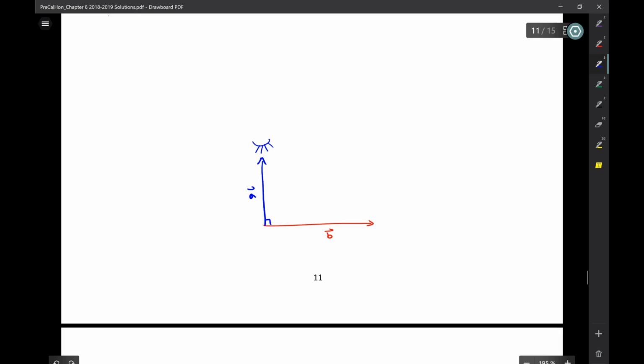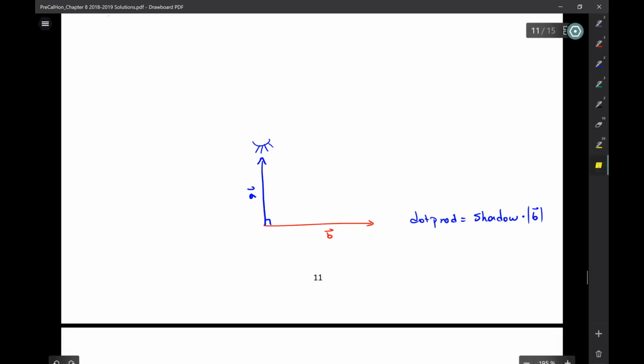Does that make sense? So if dot product equals shadow times B, if the shadow is 0, how much is the dot product? 0. So if the two vectors are perpendicular, the dot product is 0, and that's the reason why.